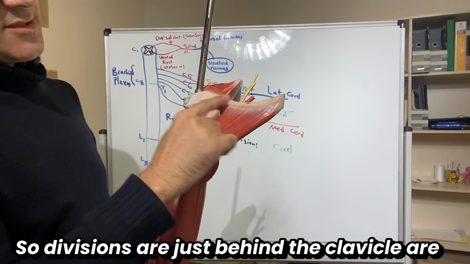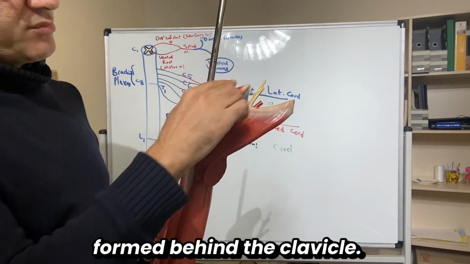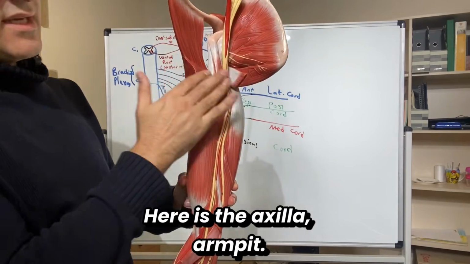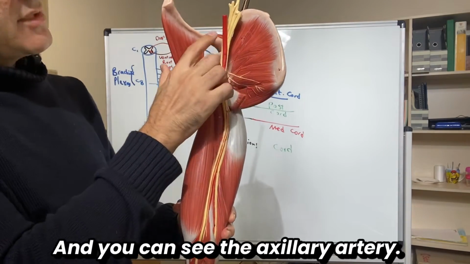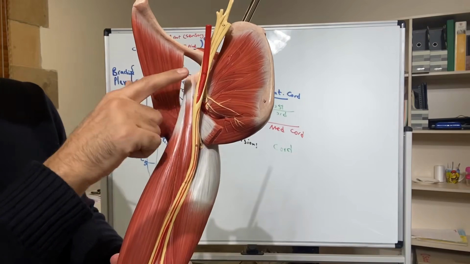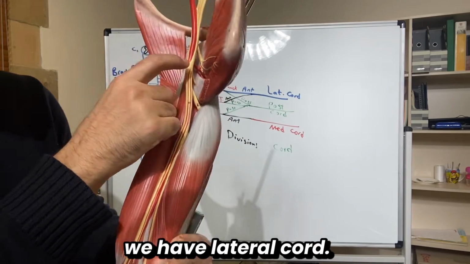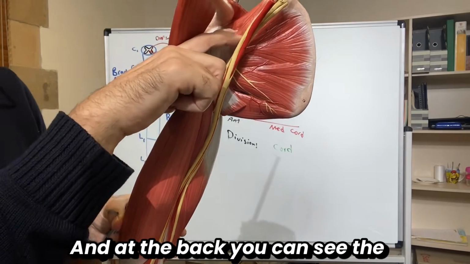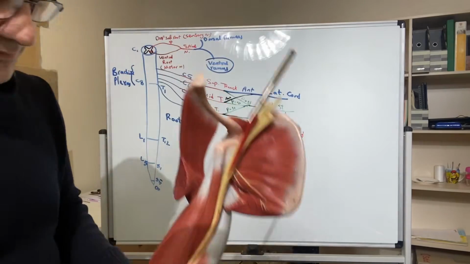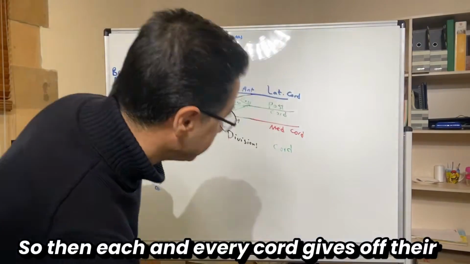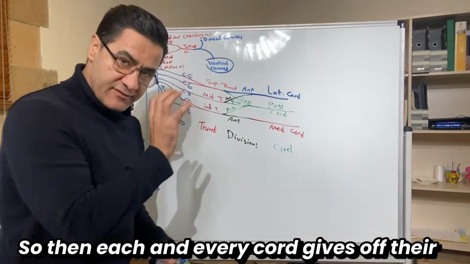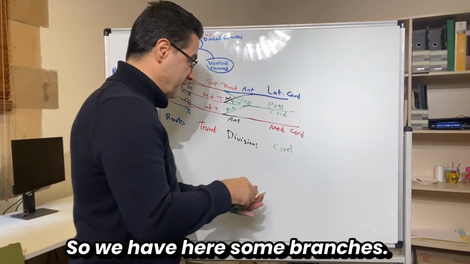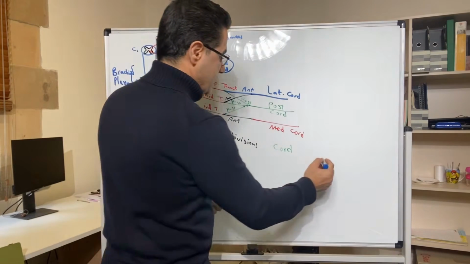The divisions are formed just behind the clavicle, and the cords are in the axilla. Here is the axilla, the armpit, and you can see the axillary artery. Lateral to the artery we have the lateral cord, medial to the artery you can see the medial cord, and at the back you can see the posterior cord. Then each and every cord gives off their main branches. So we have here some branches.